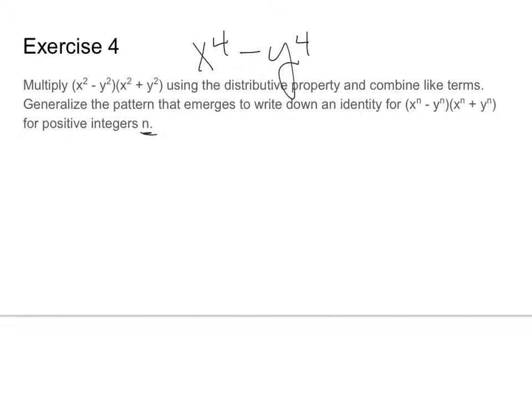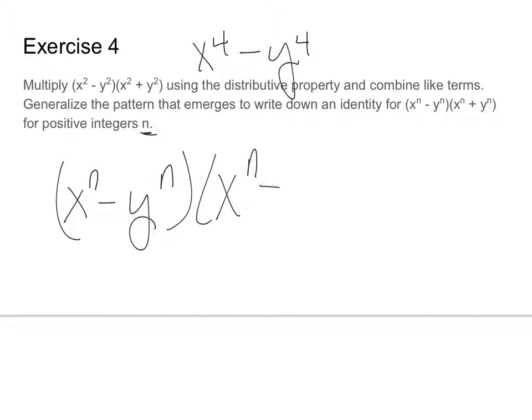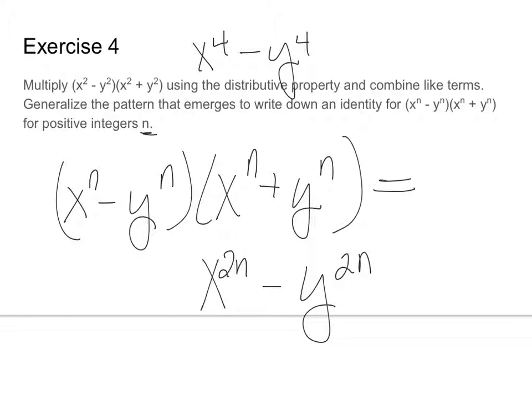So our identity is: x to the n minus y to the n times x to the n plus y to the n gives us x to the 2n minus y to the 2n. That is our identity for that form of problem.